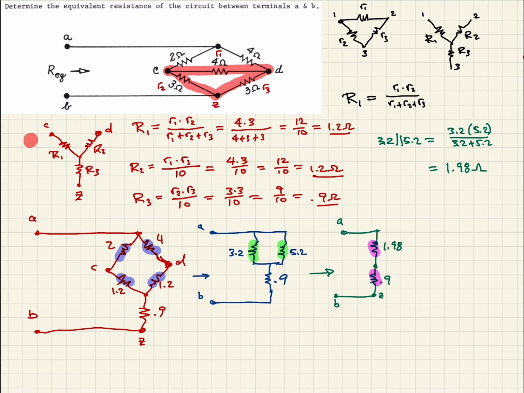So we should be able to just add those together. So doing that, we have this left over, and we add those together, and we get 2.88 ohms. And so that's our equivalent then. R_eq is equal to 2.88 ohms. And the only way we could calculate that was by doing that transformation.